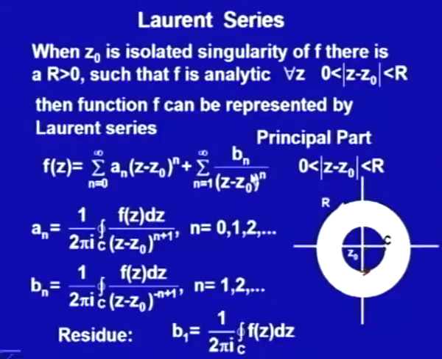This second part is called the principal part of f(z). This principal part is important. Why? This principal part is going to classify my isolated singularities, because my function f has an isolated singularity at z naught. The kind of singularity is what we would identify using this principal part. Let us see how we are going to use this principal part.